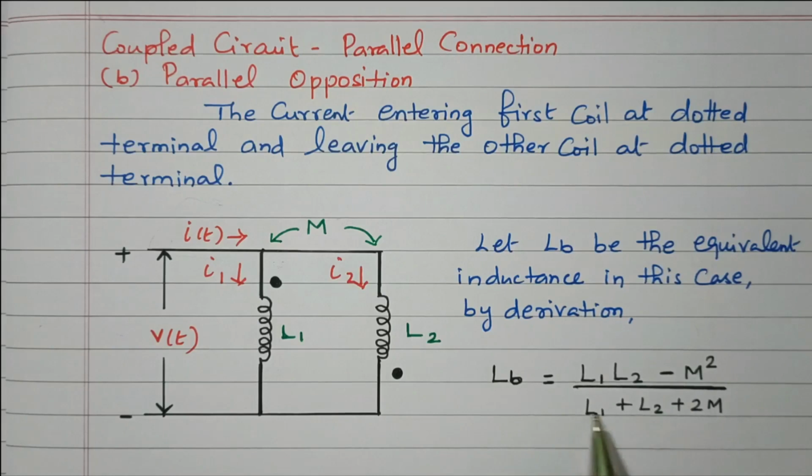From the previous derivation, we got this value. Now we'll see the previous derivation, how we got L1 L2 minus M square divided by L1 plus L2 minus 2M in case of parallel adding, so that we are able to understand how we got this expression. Now we'll go for the parallel adding derivation.